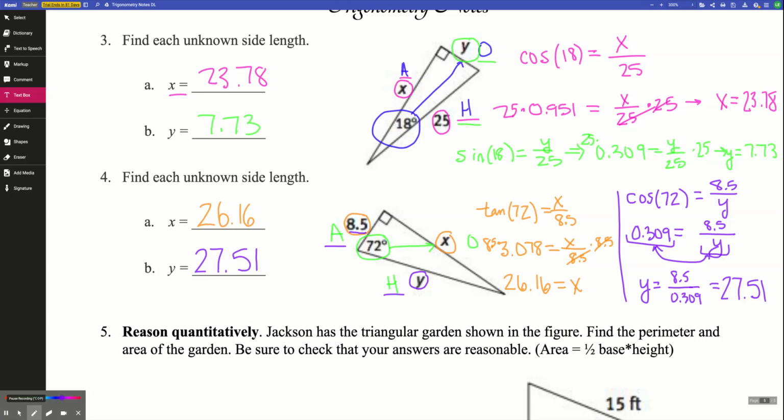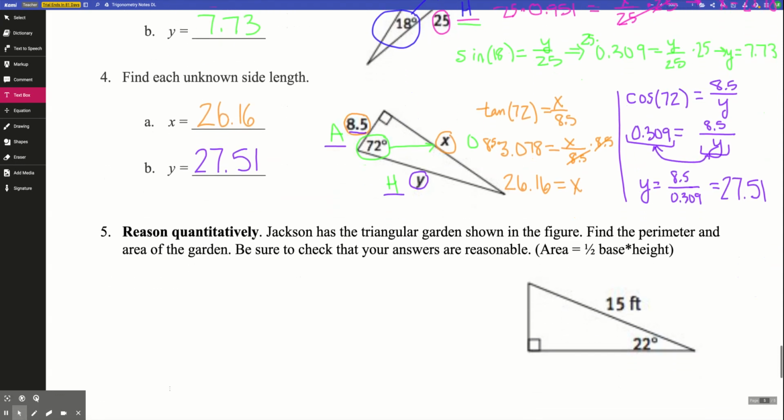So you end up with y equals 8.5 over 0.309. And when you plug that into a calculator, you get that y is 27.51.